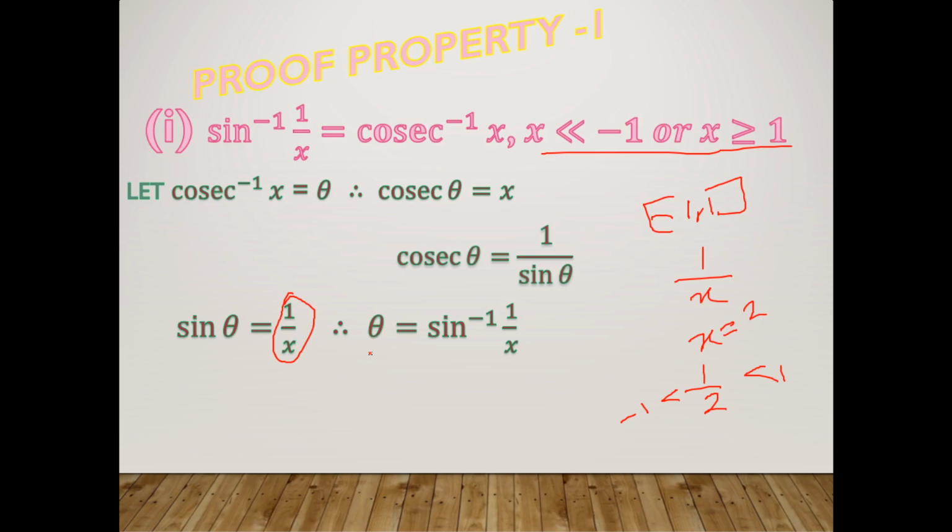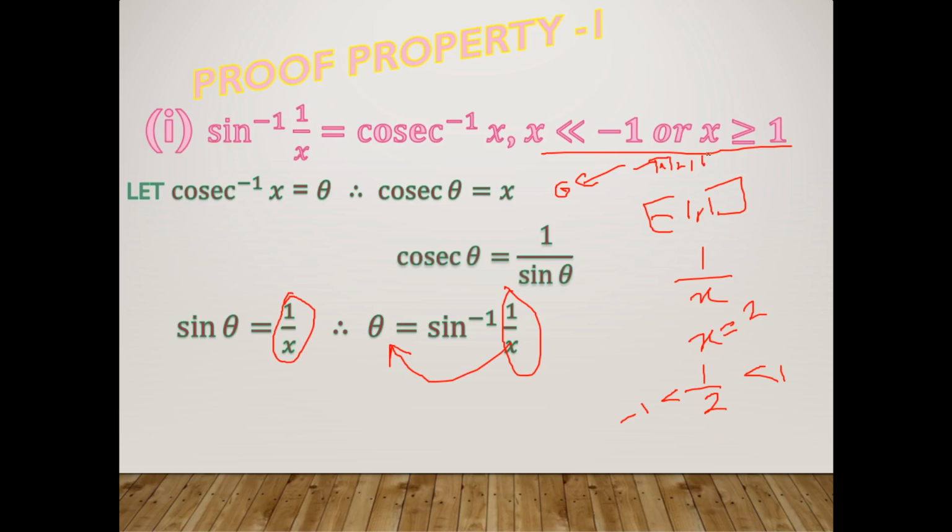That's why here theta is equal to sin inverse of 1 by x, and for these domain values 1 by x, this theta must be in the principal range of the sin inverse function. So we already discussed earlier that theta lies between minus pi by 2 and pi by 2 except 0.